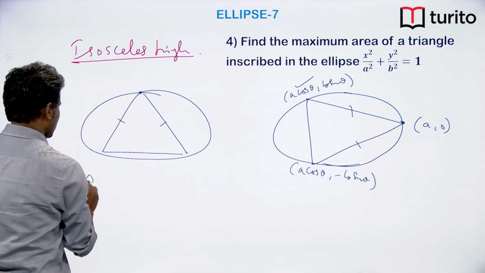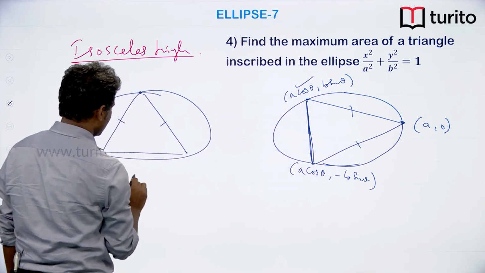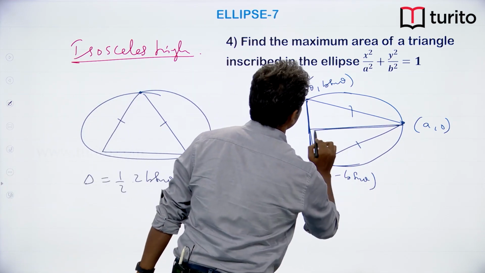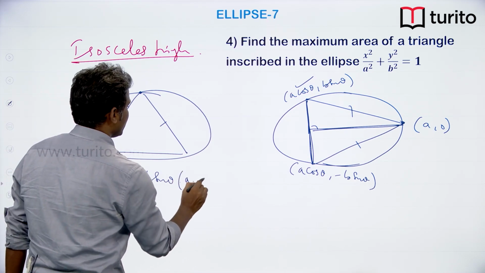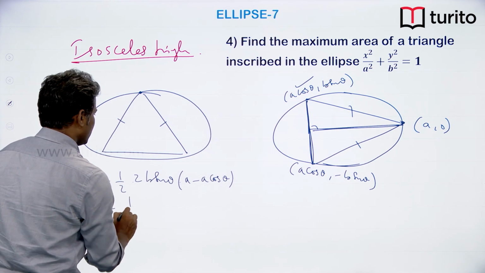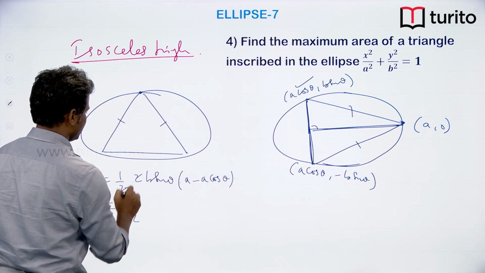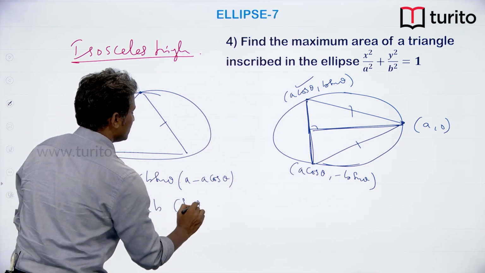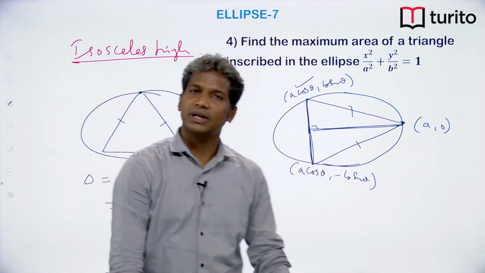So, delta, which is the area, is going to be half into the base, which is 2b sin theta, and the height, which will be a minus a cos theta. Half is anyways getting cancelled, so ab into sin theta into 1 minus cos theta becomes our expression for the area.